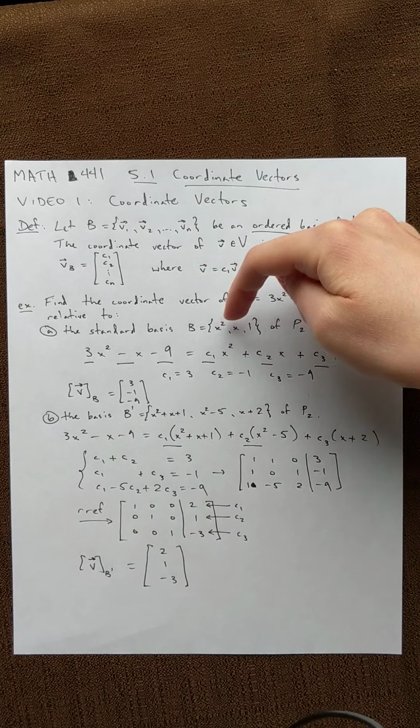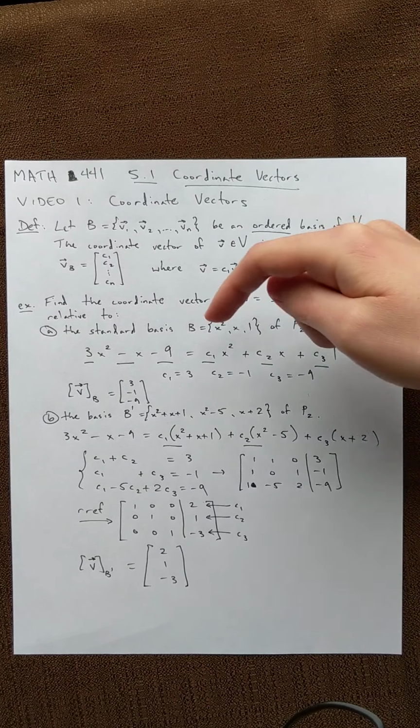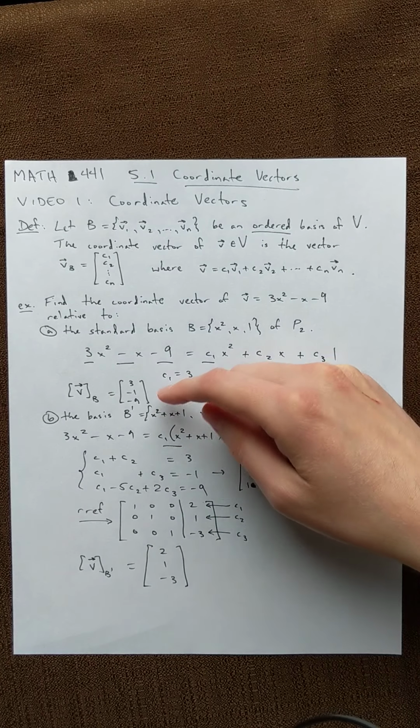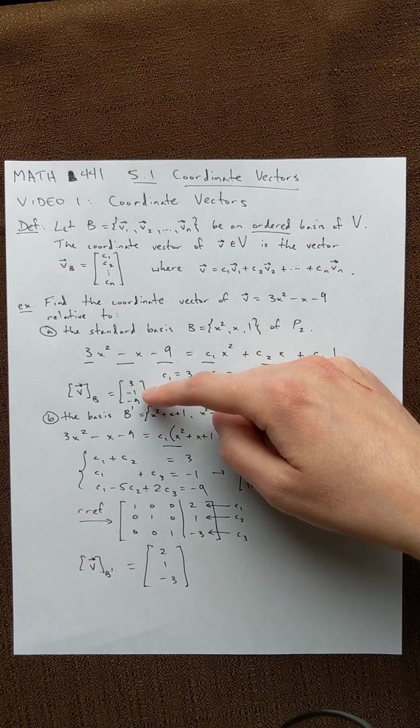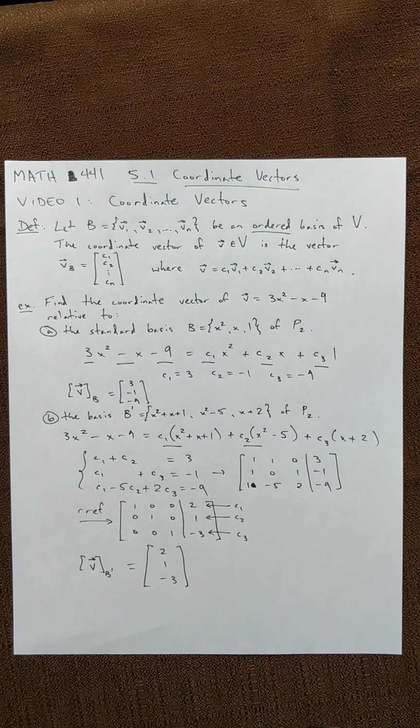So for instance, if our basis, instead of being x squared, x, 1, was 1, x, then x squared, so increasing order, we would have to change the order the constants showed up. And so instead of having the vector 3, negative 1, negative 9, we might have the vector negative 9, negative 1, 3. So the order matters, and also which basis you're using is going to matter.